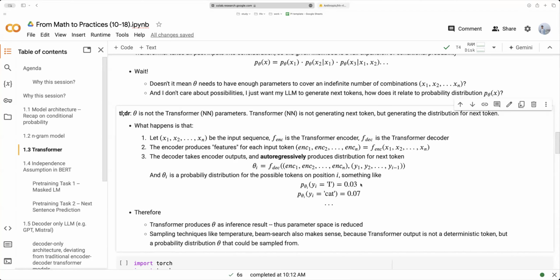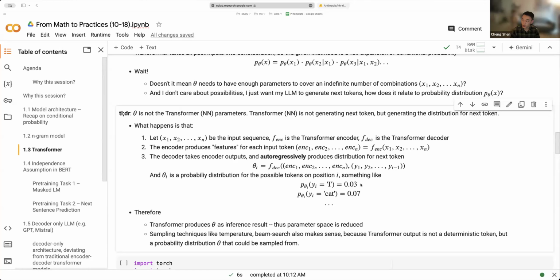Okay, got it. So theta is basically the output layer logits that are then fed into a softmax that gives us probabilities that we then choose from, based on temperature or what have you, to get the next token. Did I get that right? Yes, exactly.